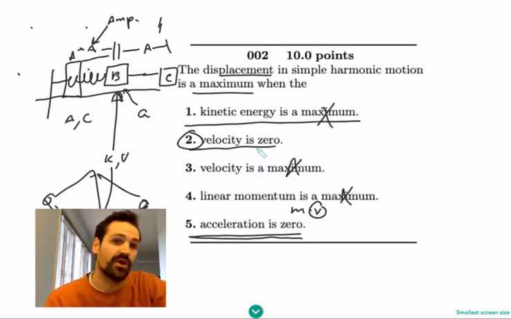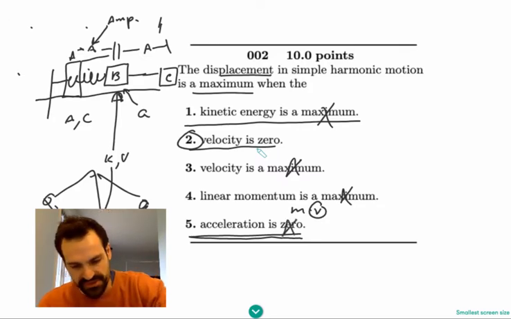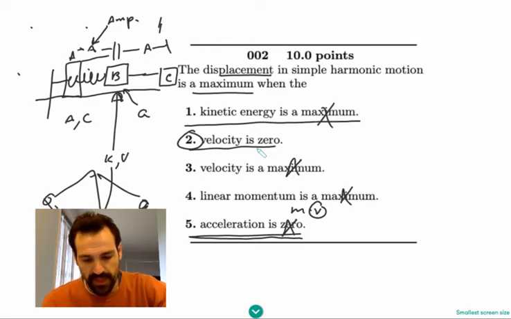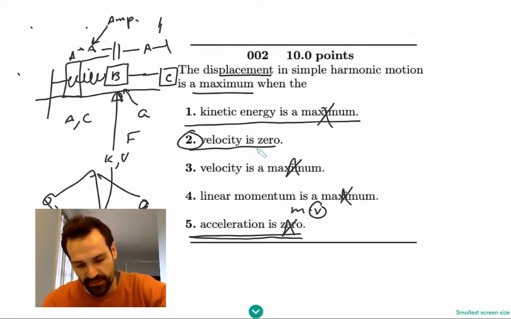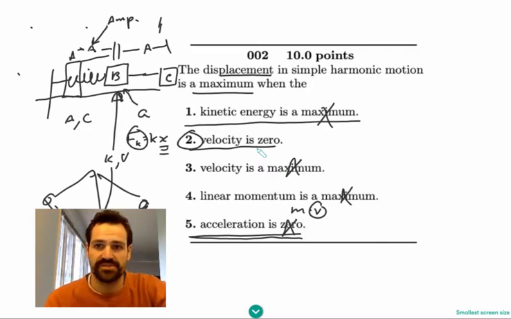So there's no force, so there's no acceleration. So acceleration is 0 at position B and maximum at positions A and C. And remember that equation for how strong the force is, equal to kx. So a bigger displacement means a bigger force. So the answer is 2. Velocity is 0.